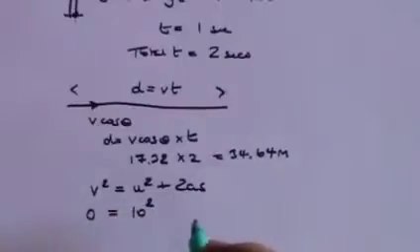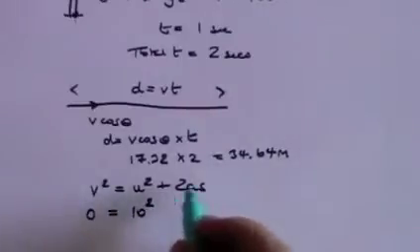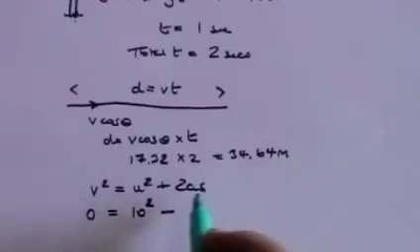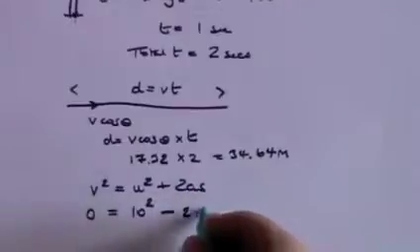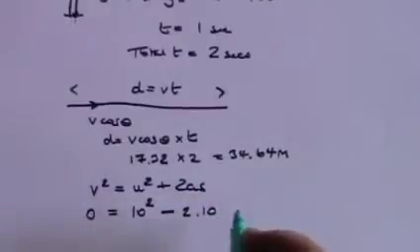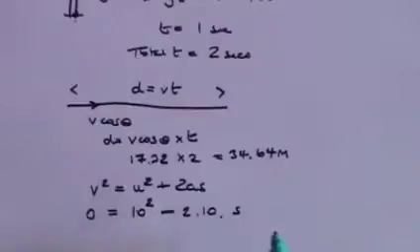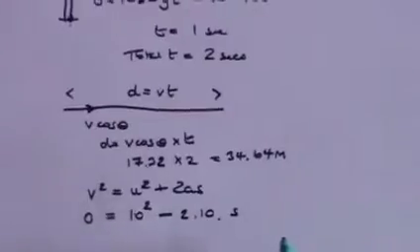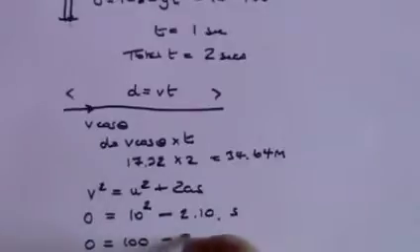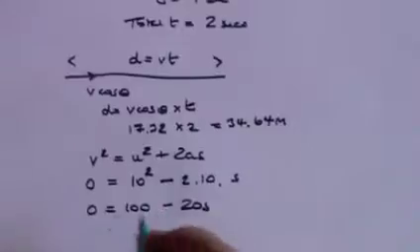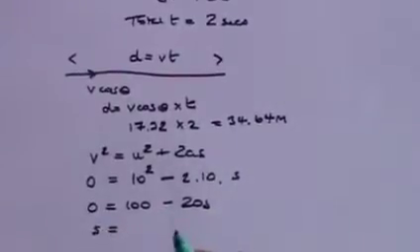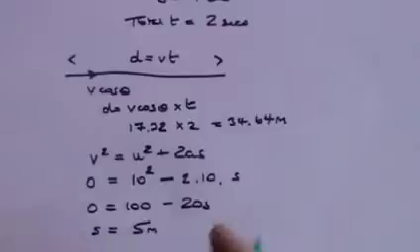So u squared is going to be 10 squared. And then plus 2as, well, it will be a minus because g is acting in the other direction. So it's minus 2 times g, which is 10 because we're simplifying it, times s, which we don't know. That is the height that we're trying to find, the maximum height of the trajectory. So now you've got 0 equals 100, that's 10 squared, minus 20s, and that will tell you that s, which is the maximum height, is 5 meters.